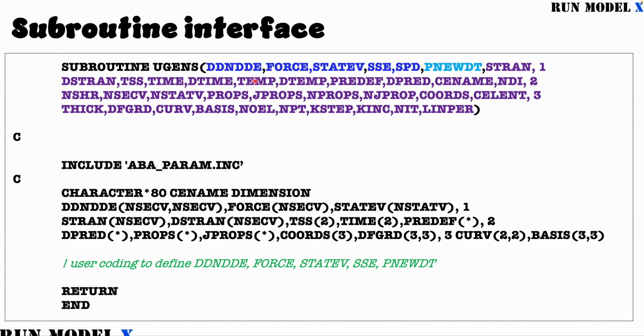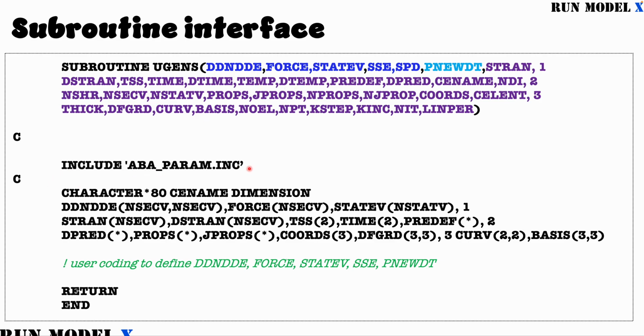Also time and temperature: TEMP is the temperature, DTEMP is the temperature increment in each time increment. So you have all this information, and you can compute the force or the gradient of the force with respect to the strain based on this information.